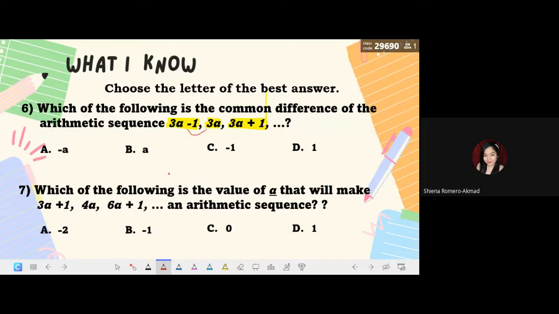Sino bang pwedeng sumagot? Sila Nix PH nag-join lang pero mukhang hindi na siya ng attendance. How about Duarte? Ano kaya yung number na in-add natin dito for us to get the next one? Duarte.